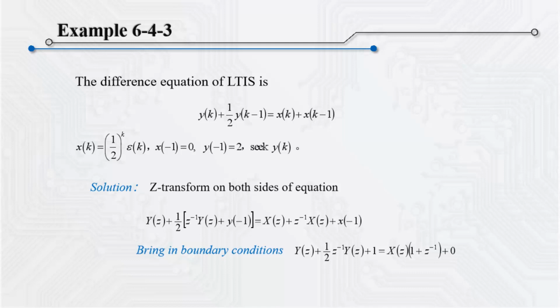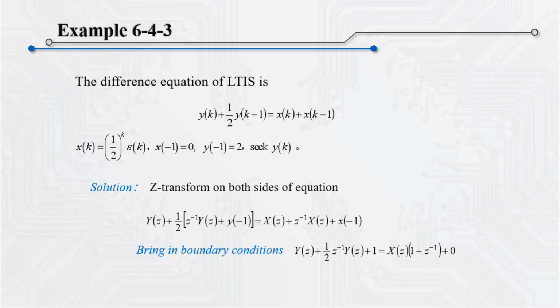According to such a form, we take the z transformation on both sides of the equation. Because it is an LTI system, we use the unilateral z transform to perform the corresponding z transform, and the right shift characteristic is used. According to the right shift characteristic of the one-sided z transform just now, let's assume that the z transformation corresponding to y of k is y of z, and the z transform corresponding to x of k is x of z.